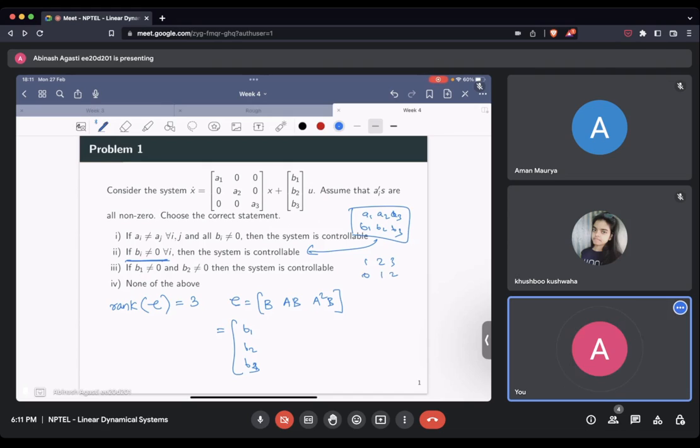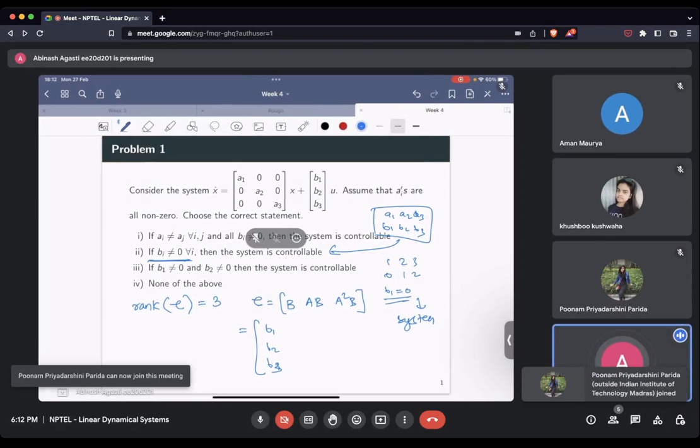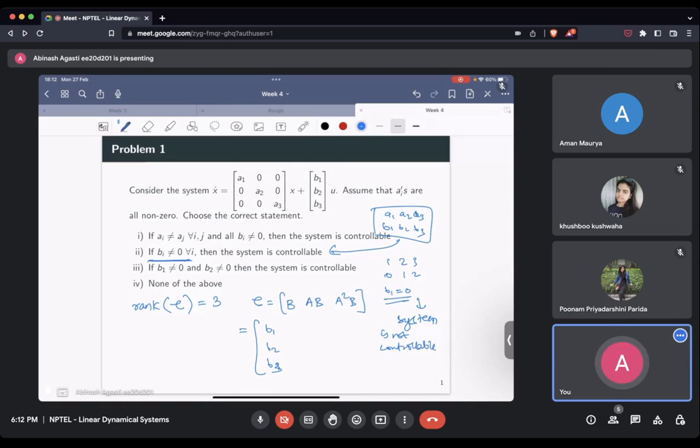Then clearly b1 equal to 0 here. Right. So then if I see that the system is not controllable, does that mean that this statement is false for all such cases?